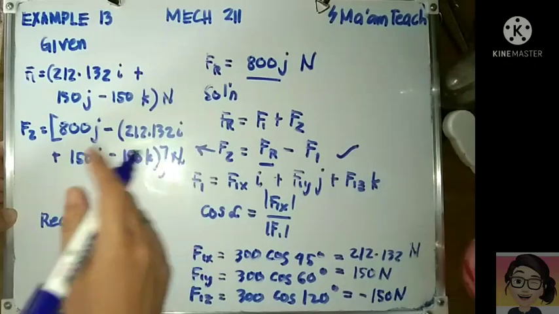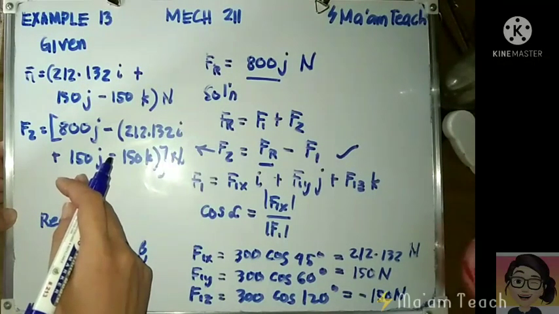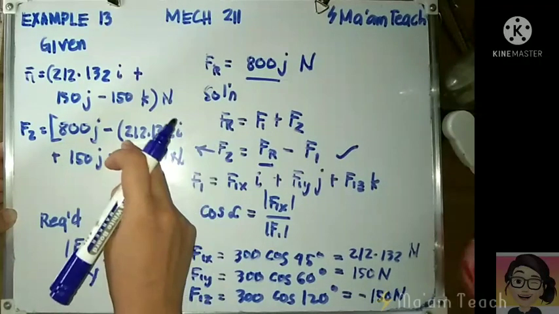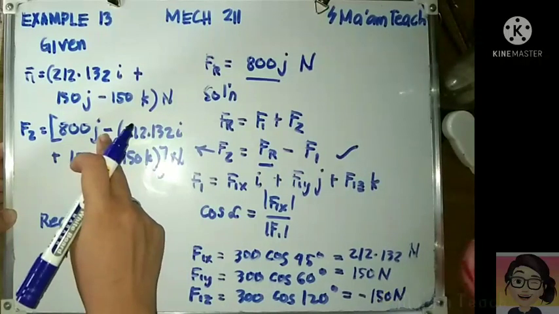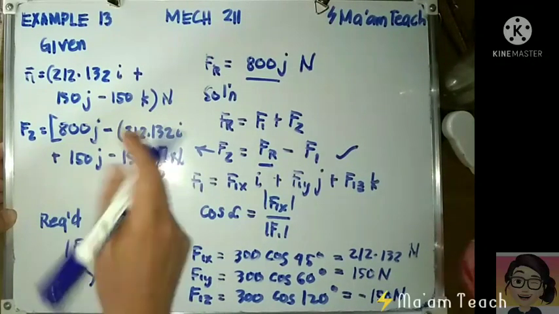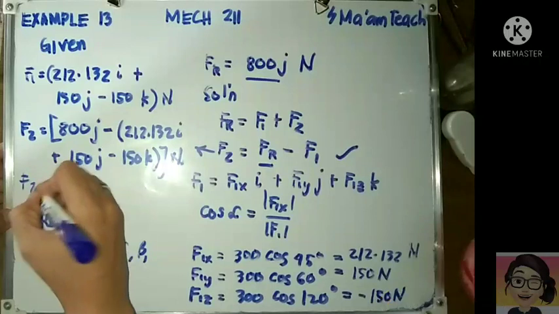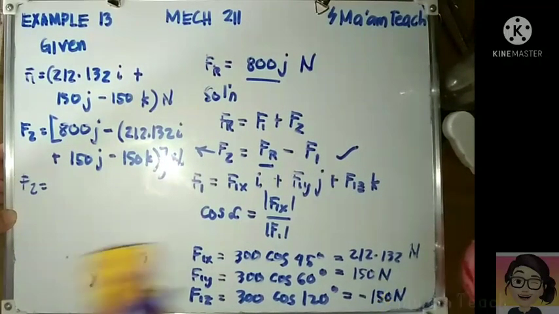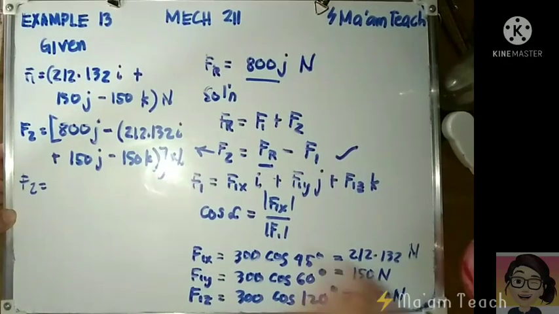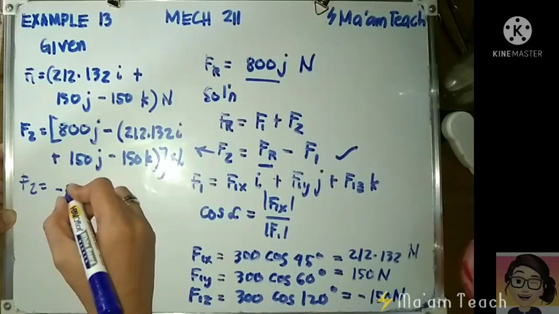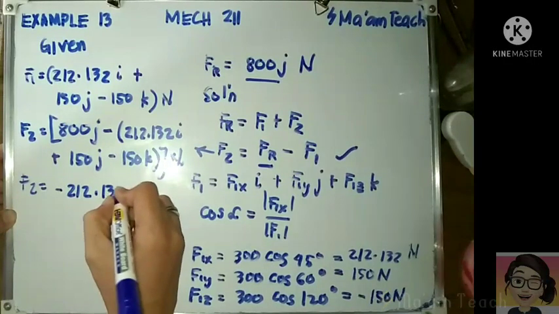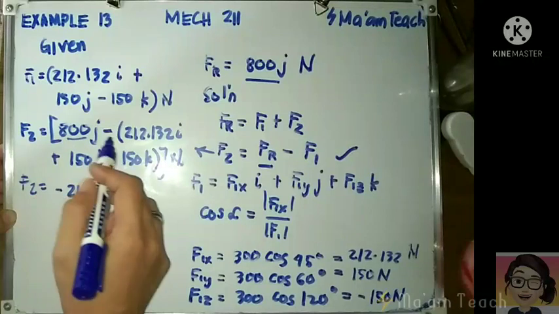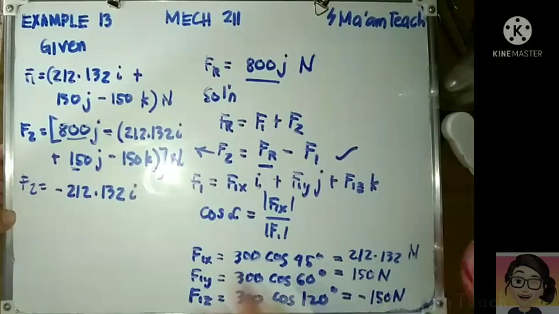Okay? Now, we will combine like terms like we have said. So in this case, we don't have other i, only the 212. So negative times 212. So therefore, your F sub 2 is negative 212.132i. Okay? You combine j, so 800 minus 150.